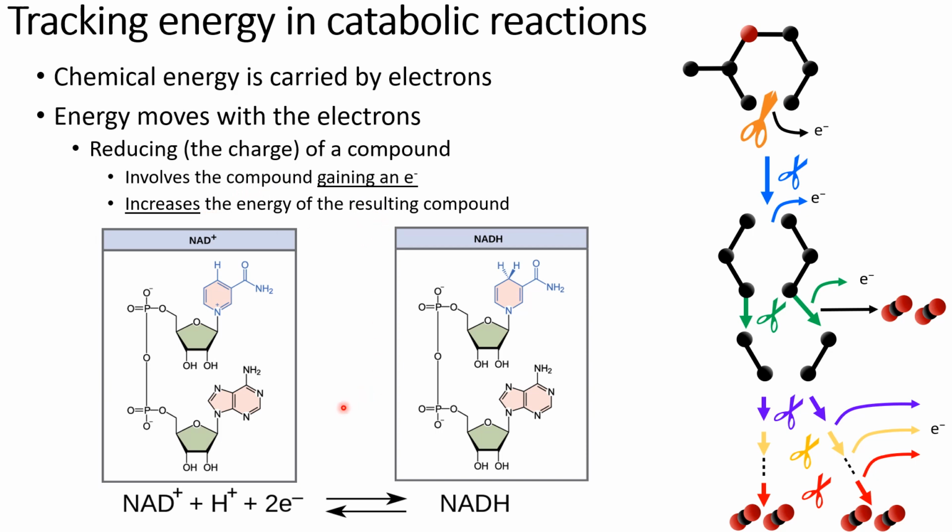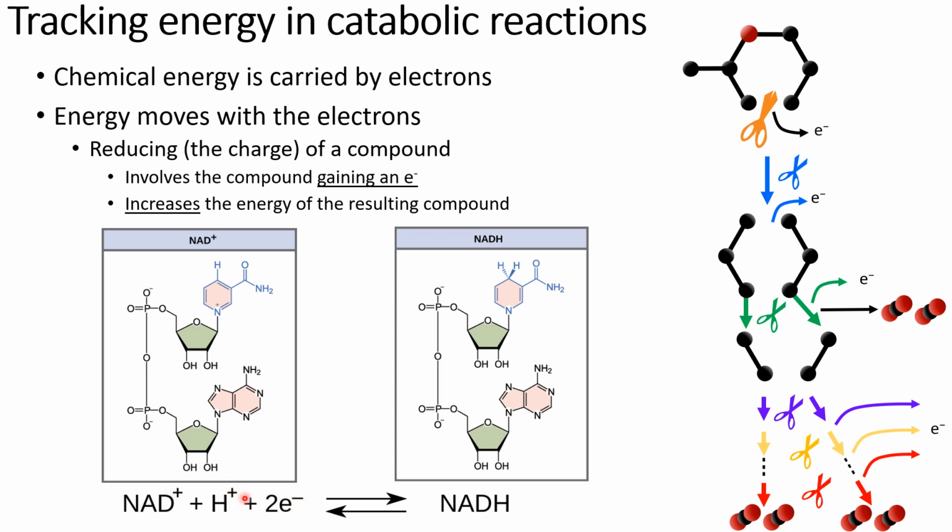And so an example of this would be NAD+. So NAD+ can react with a hydrogen ion, so a proton, and plus 2 electrons. And so when we add these 2 electrons to NAD+ plus H+, we get NADH. So note that the charge balances, 2 electrons, 2 negative charges, 2 positive charges.